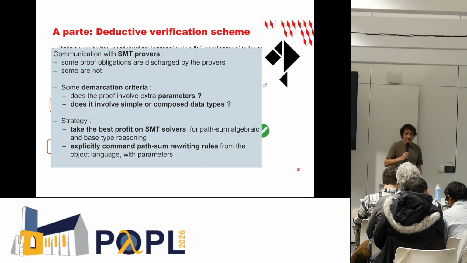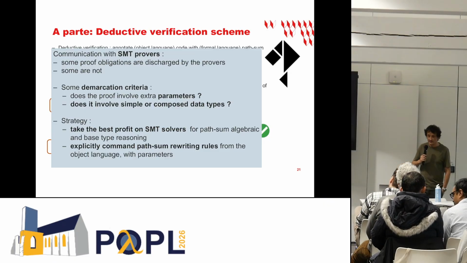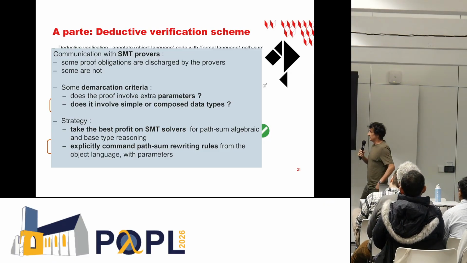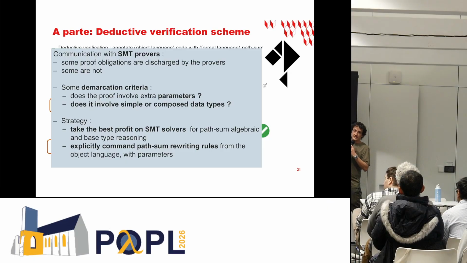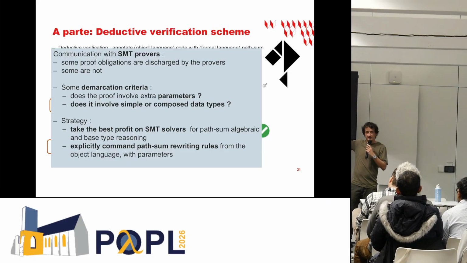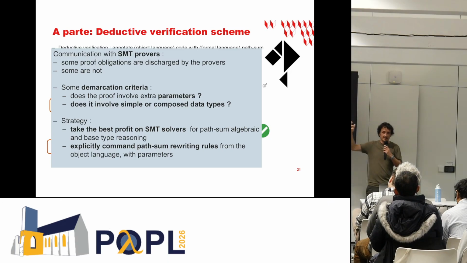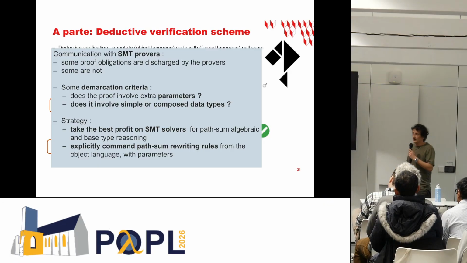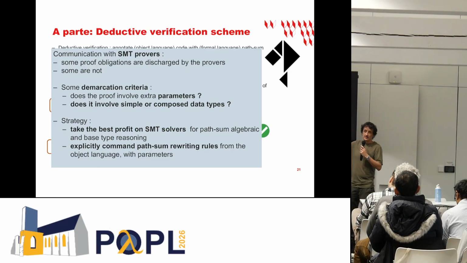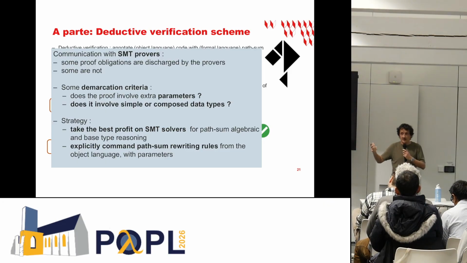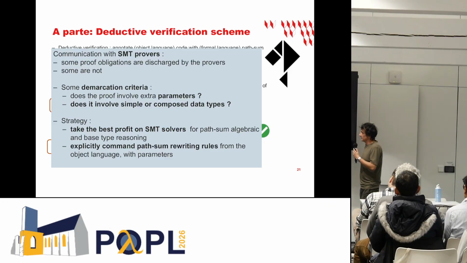So some demarcation criteria about that. Yes, it's quite intuitive. Basically, if the proof doesn't involve the introduction of extra parameters, then we have good chance to believe that it will be automatically discharged by the prover. And if we need to input some information to make the rewriting or the transformation, then it's more complicated.